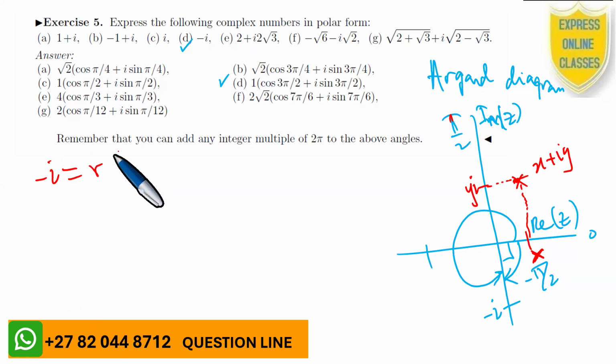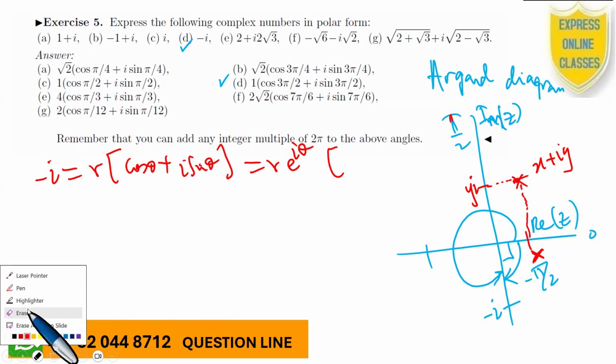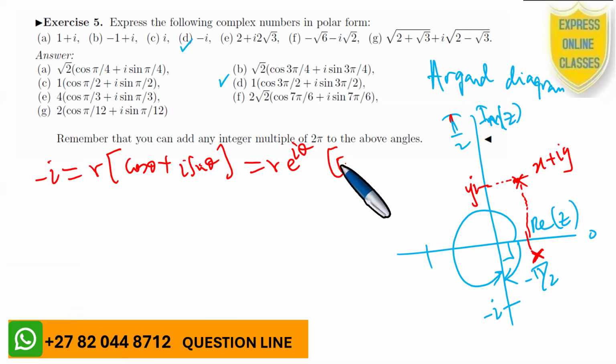The formula we're going to use is r cosine theta plus i sine theta. But also you can use r e to the i theta, which is called Euler's formula.